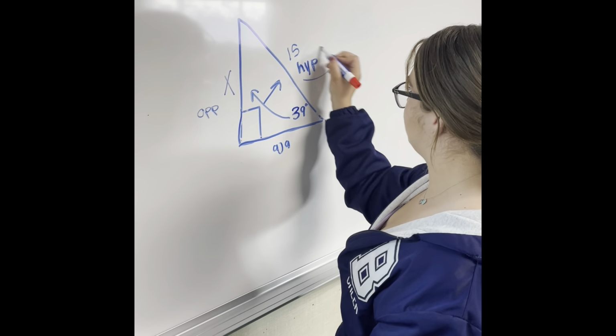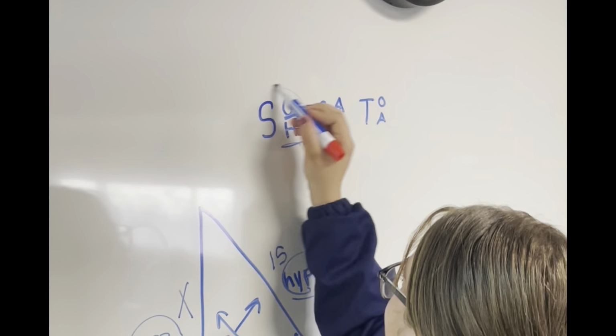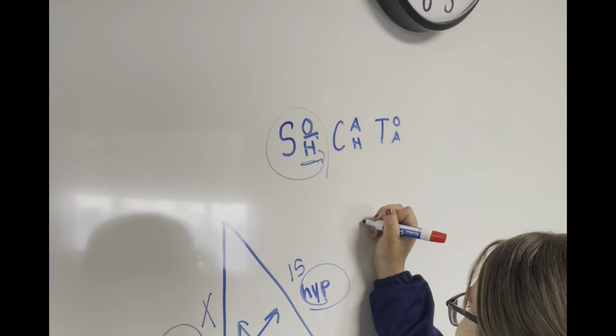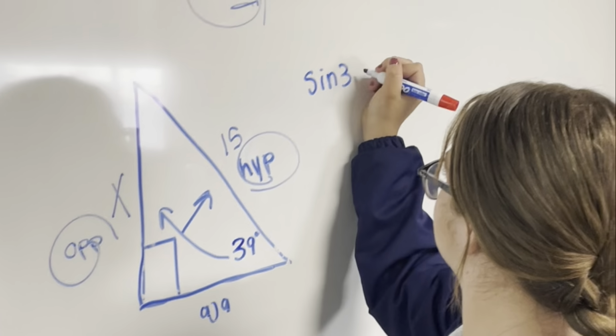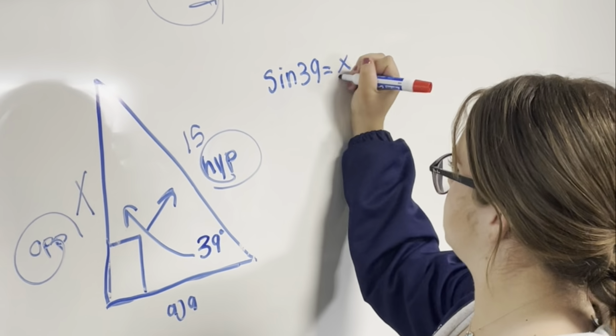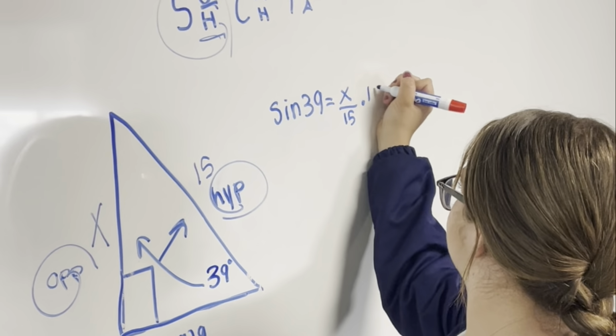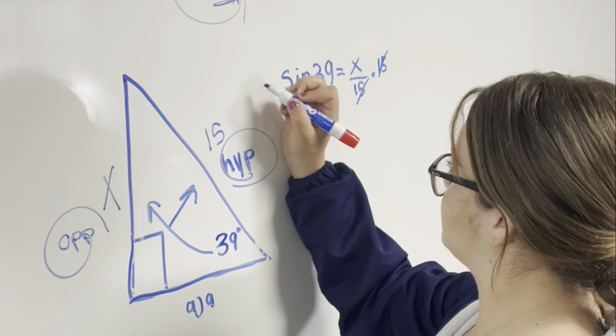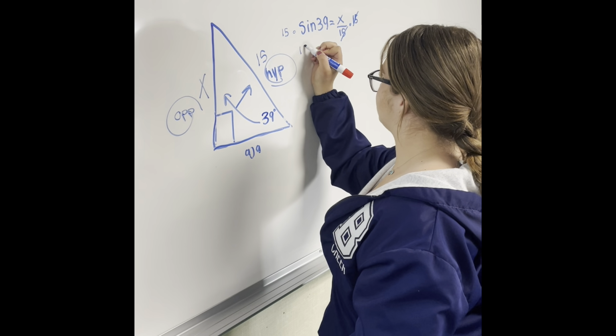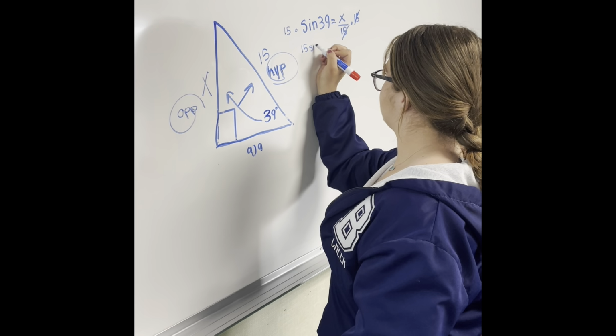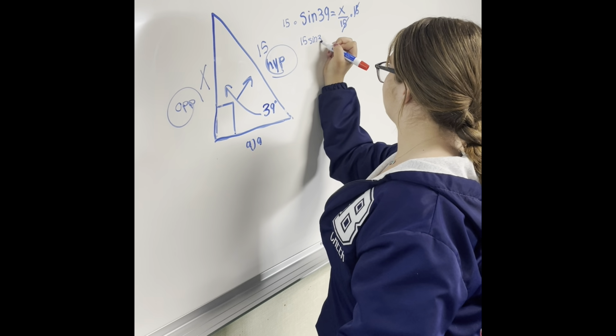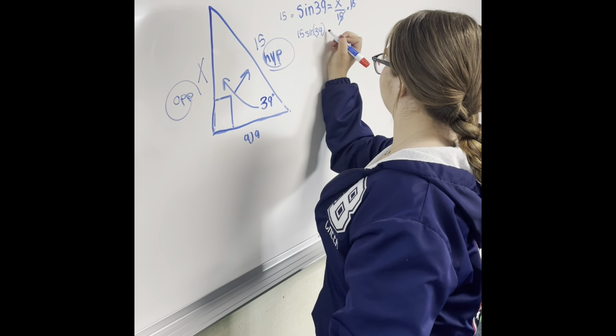We know the opposite and hypotenuse. Sine 39 equals x over 15. Times 15 to leave x by itself, times 15 to the other side. 15 sine 39 equals x.